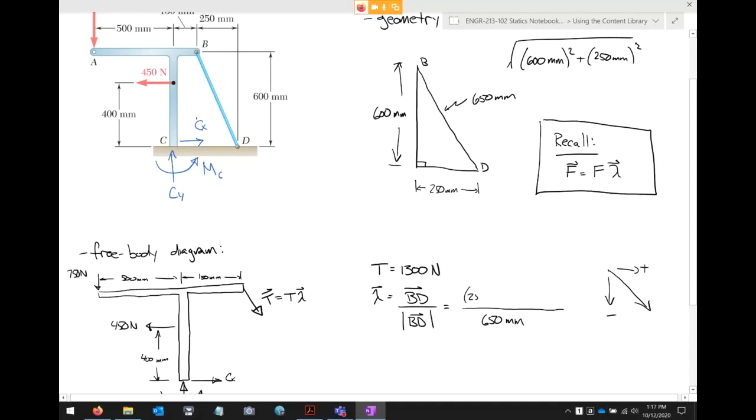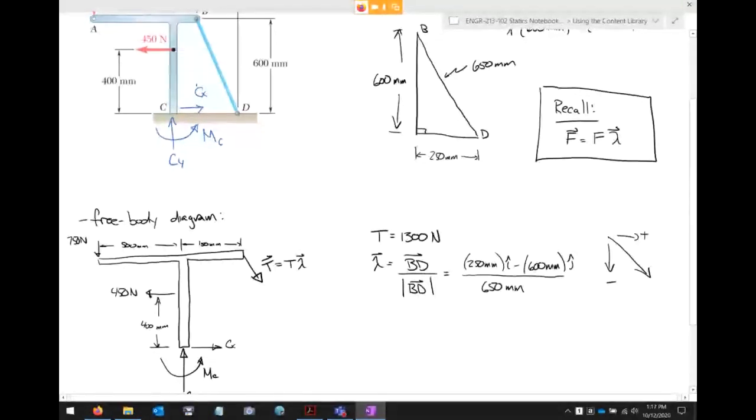And so what this is going to be is 250 over 650 i minus 600 over 650 j.